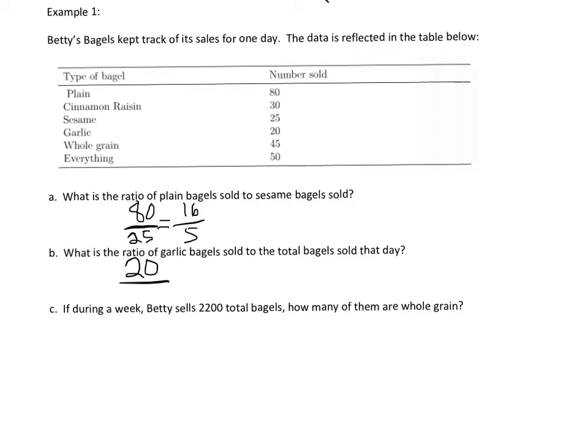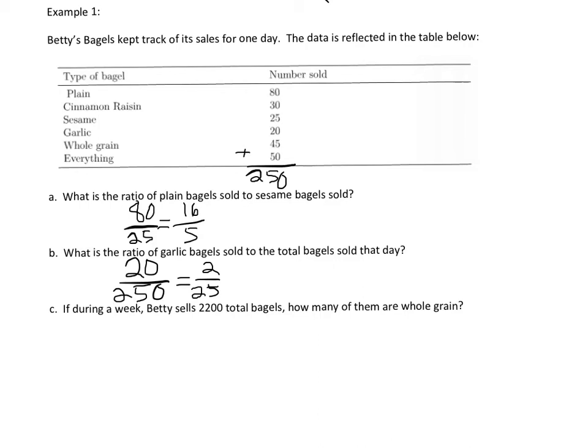And then to figure out the total, it doesn't tell me what the total is, but if I add all of the bagels that were sold, I can figure out the total sold in the day, and I find that's 250. So I can do 20 over 250, which can be simplified down. I can take the zeros off or divide both of them by 10 to get 2 over 25. So that's to say 2 out of every 25 bagels sold were garlic bagels.